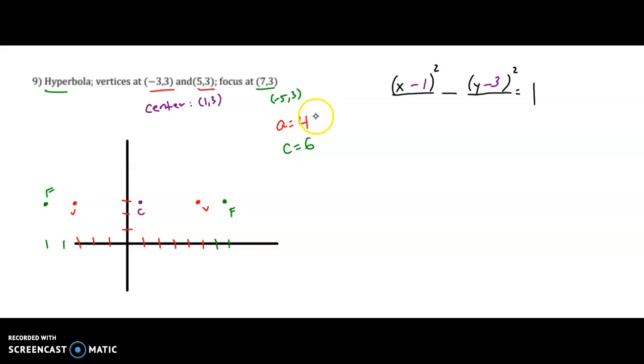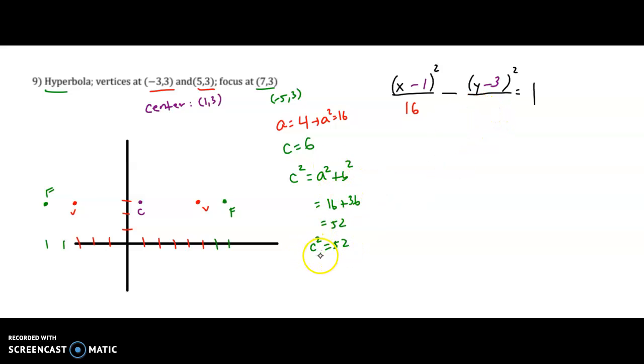Because the a value is 4, a squared is 16. And for a hyperbola, remember the first denominator is always a squared. Now, we have to do a little bit of work here for b squared, so I'm going to set up my equation here. c squared is equal to a squared plus b squared. Now, after some algebra work, it turns out that c squared is 52.